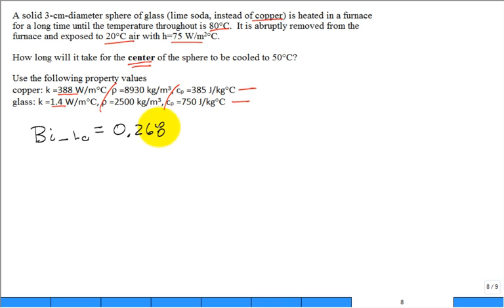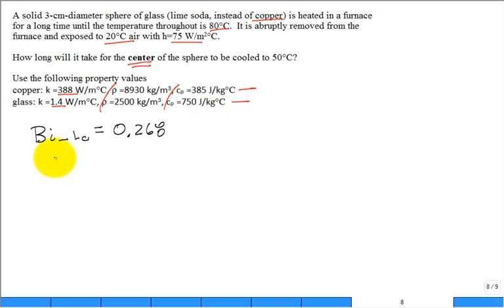Should we use lumped capacitance? Nope. And why is it so high? Well, remember the definition of the Bi number? Small k makes for a large Bi number. Okay, so there you go.